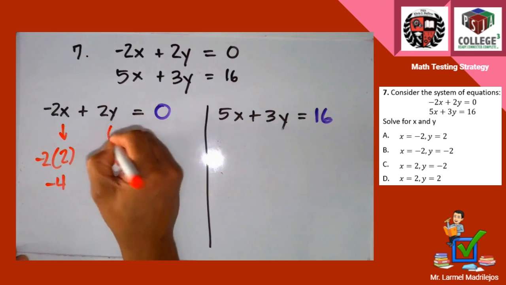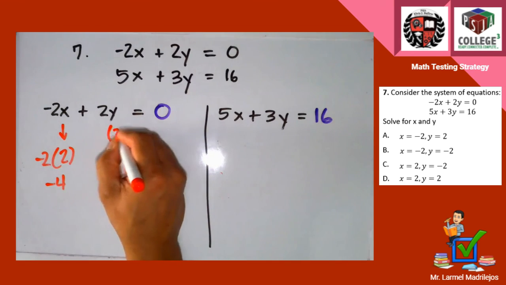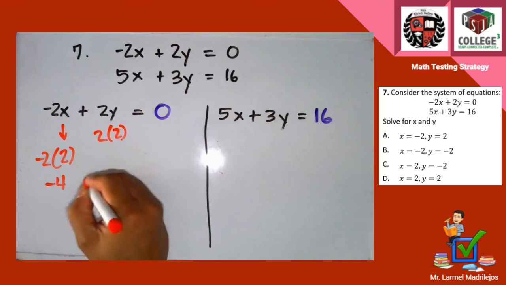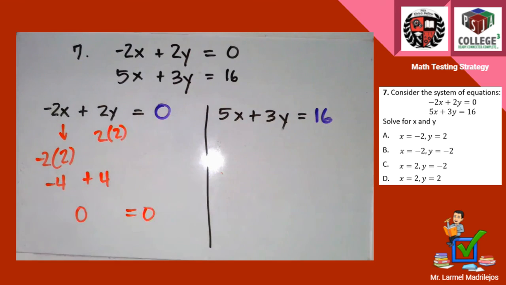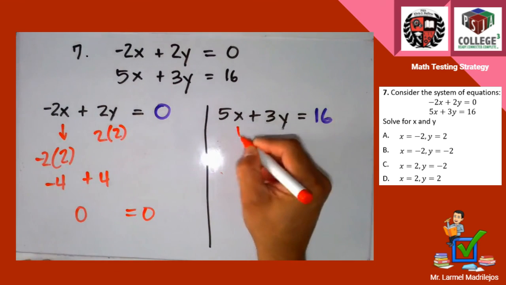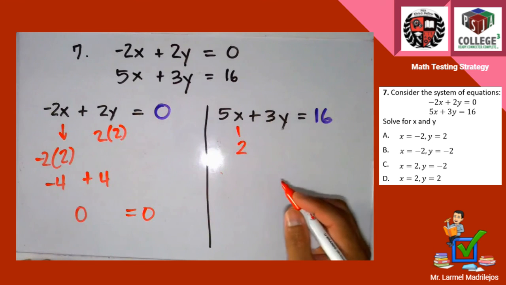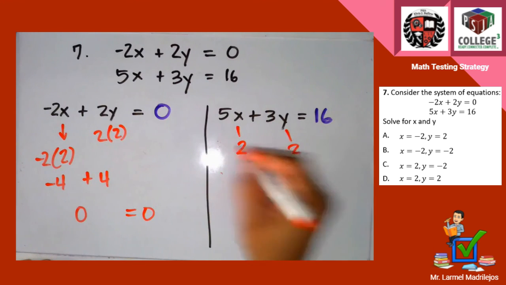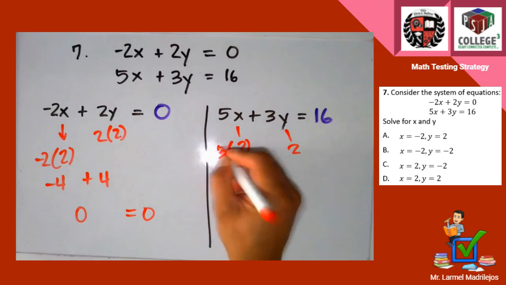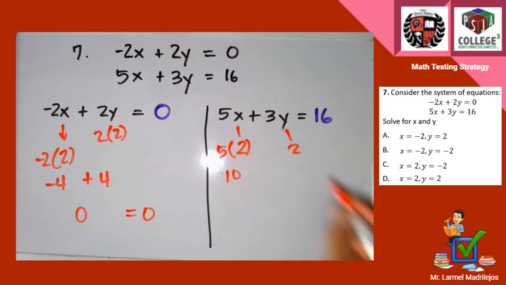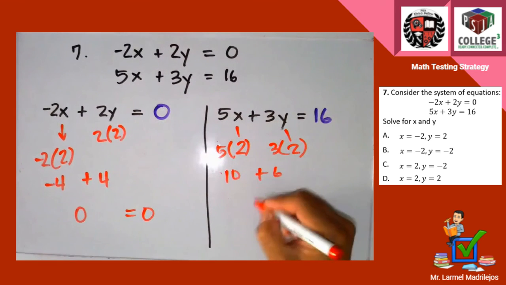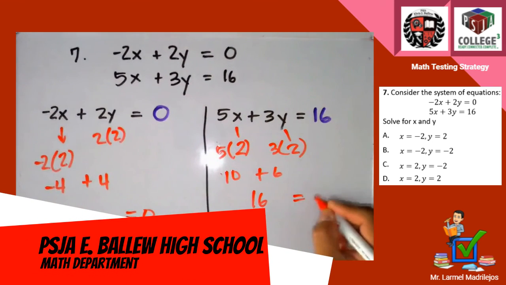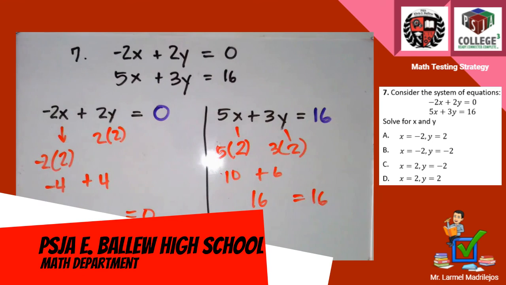Then y is equal to 2 times 2 is equal to positive 4. If you add them, it's 0. Matches. Let's try it again here. When x is 2 and y is 2. So 5 times 2 is 10. 3 times 2 is 6. 10 plus 6 is 16. It matches the number 16. So answer is letter D.